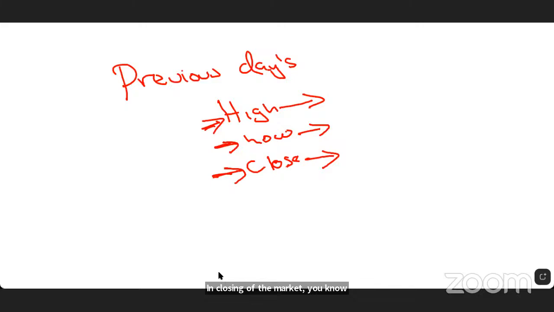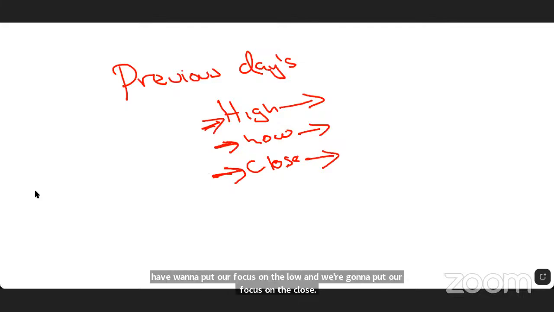But we are only going to focus on the three major aspects: the high, the low, and the close. Good, beautiful.